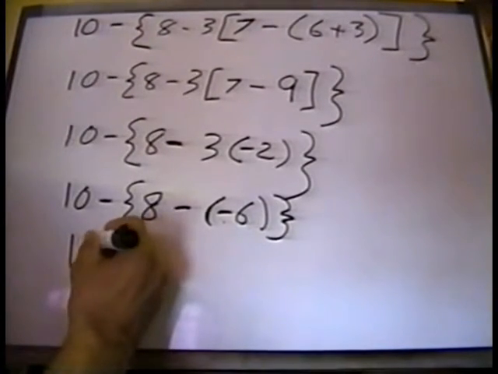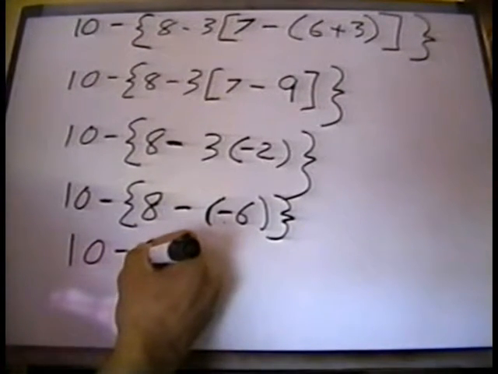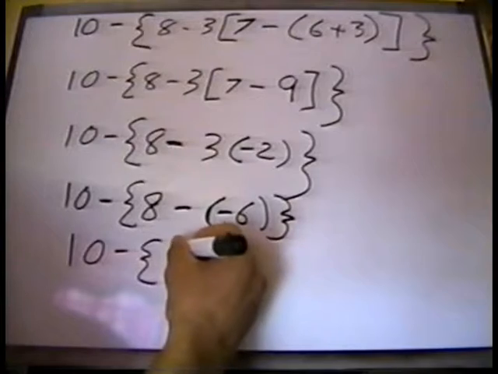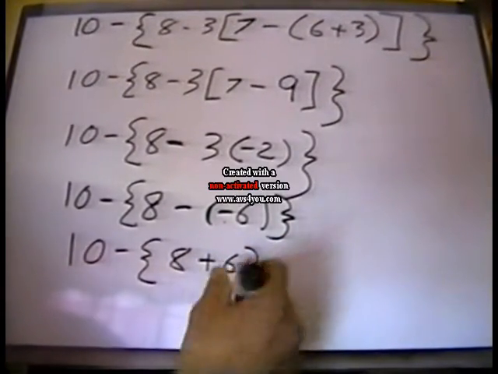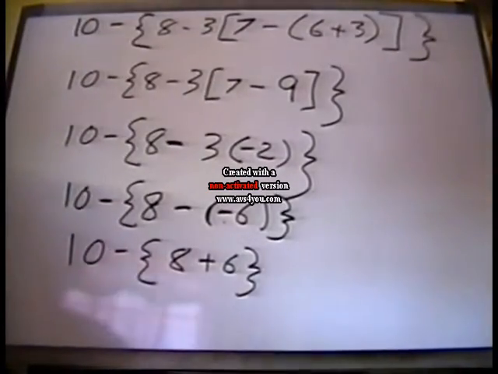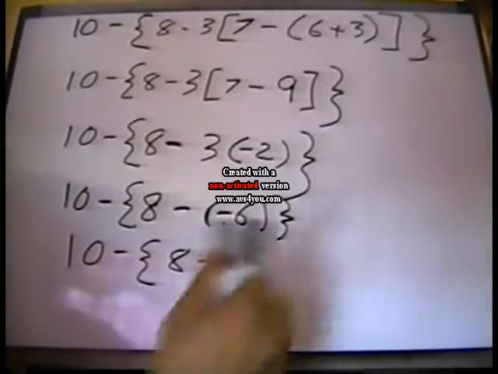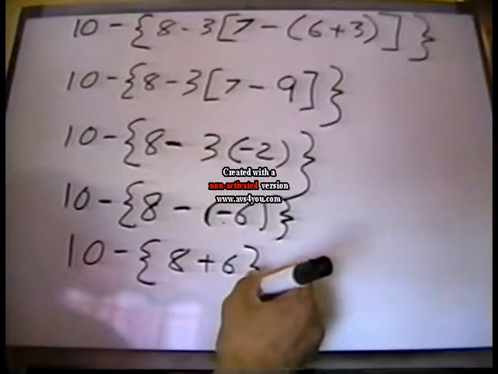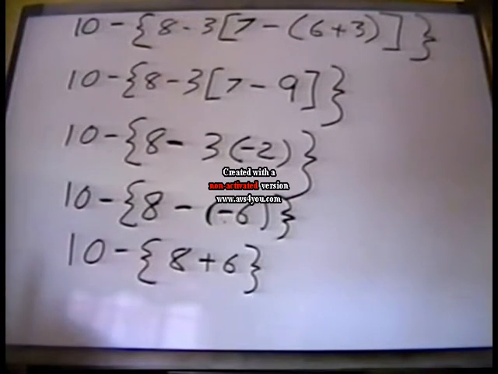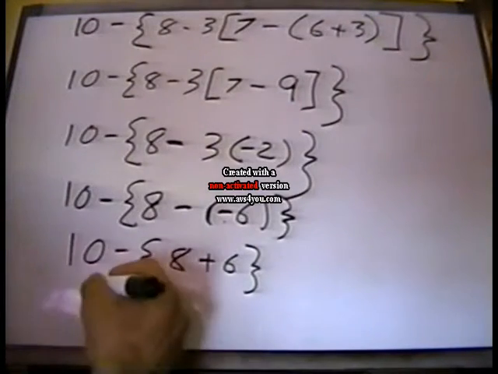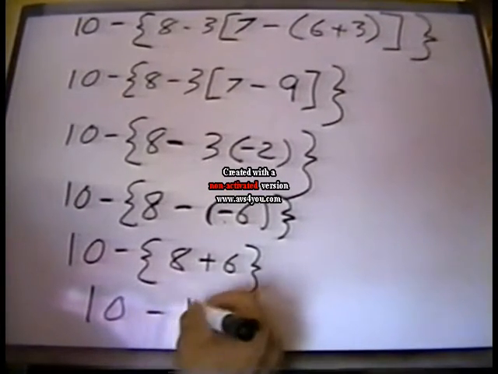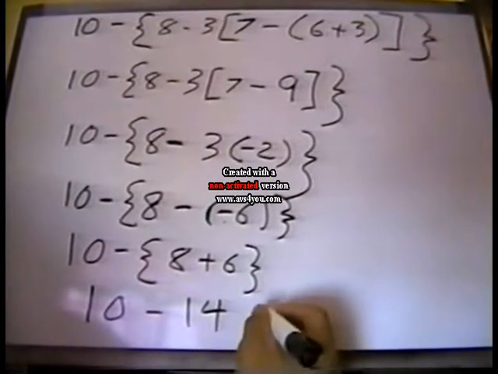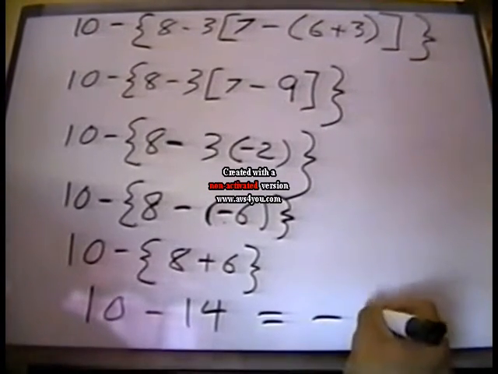Okay? 10 minus 8 plus 6. You get 10 minus 14, which gives you negative 4.